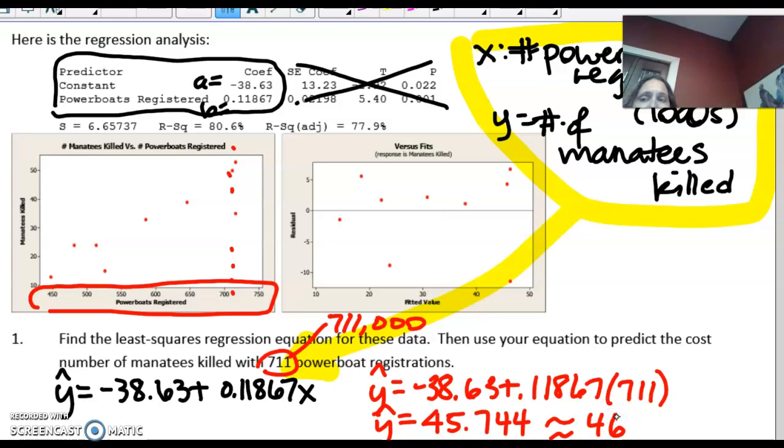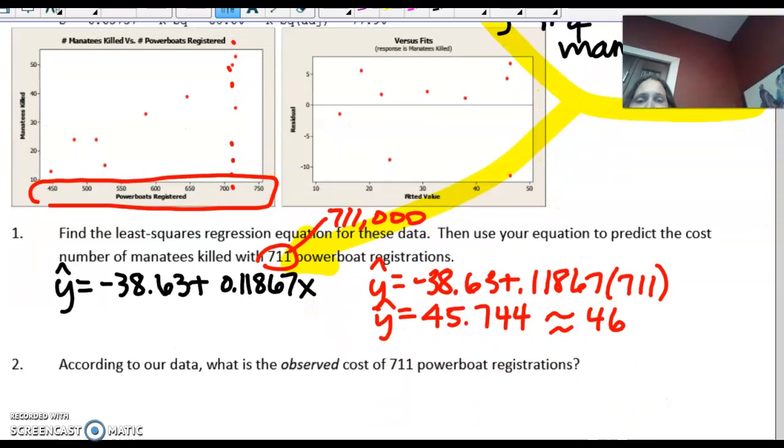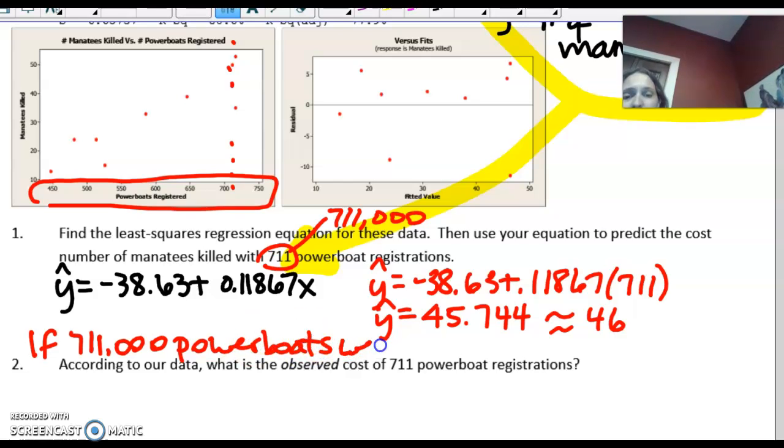Then, of course, we're going to answer the question in context. So in a sentence, I would say if 711,000 powerboats were registered, we would expect, and predict are both good.